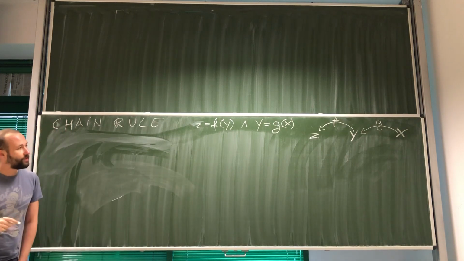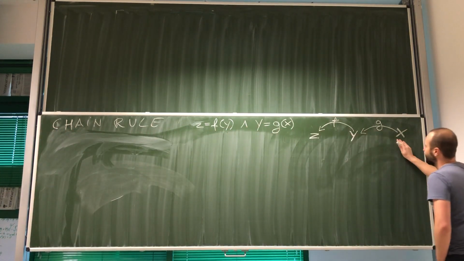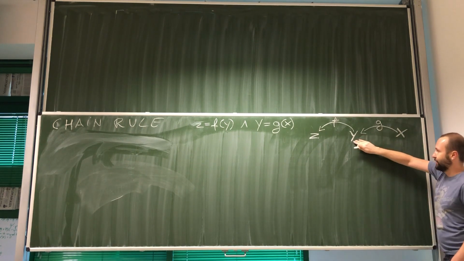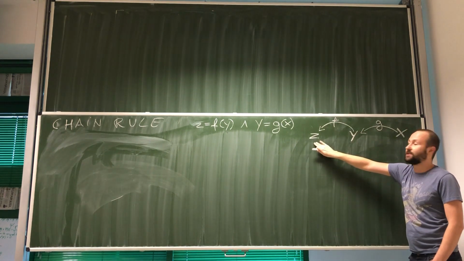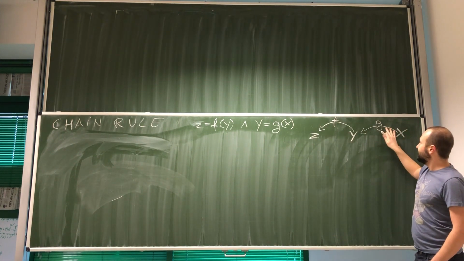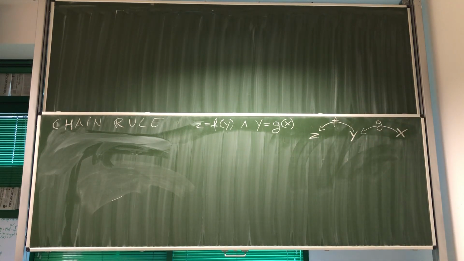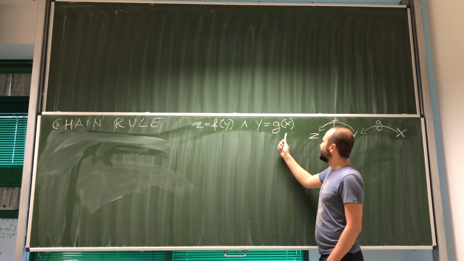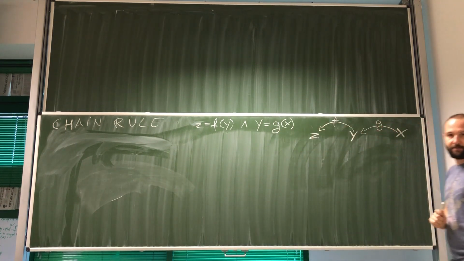Okay, so look, what we see over here is that when x is changing, then y is changing, right? And when y is changing, z is changing. And we can use this chain of causality, let's call it like this, in order to find the derivative of z with respect to x.